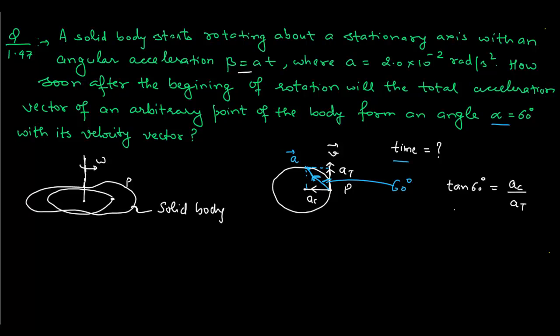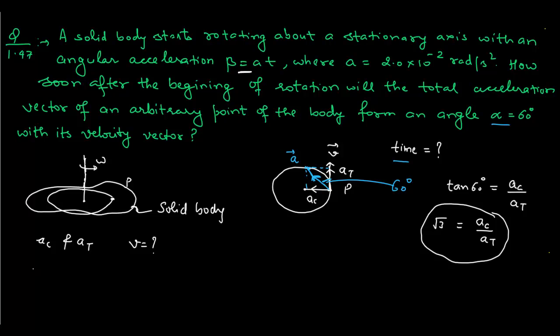And tangent 60 degrees is root 3, so it is equal to AC by AT. Now in order to calculate AC and AT, we need V. Now in order to calculate V, we can use this result.